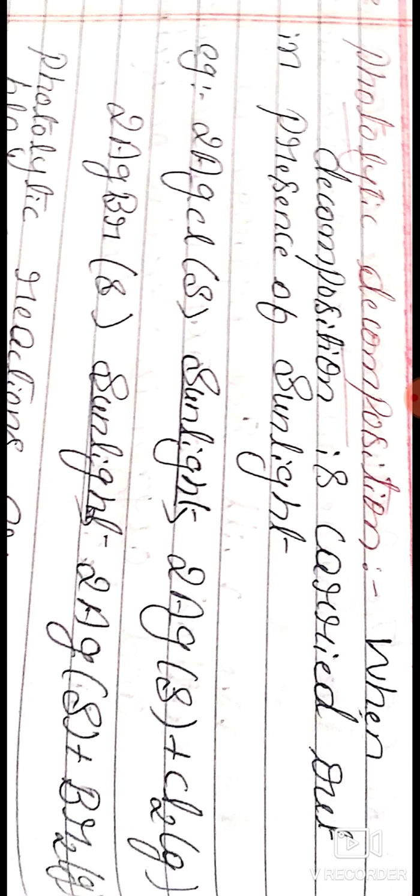Observe here, AgCl means silver chloride, Ag means silver, Cl2 means chlorine. Similarly AgBr is silver bromide, Ag means silver, Br means bromine. In the presence of sunlight, silver bromide absorbs light and decomposes and splits into silver and bromine.